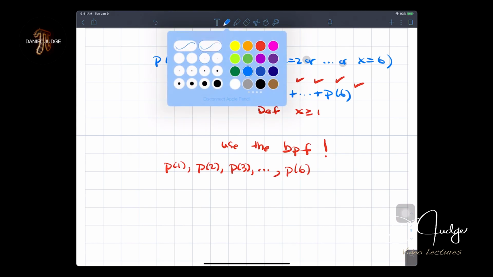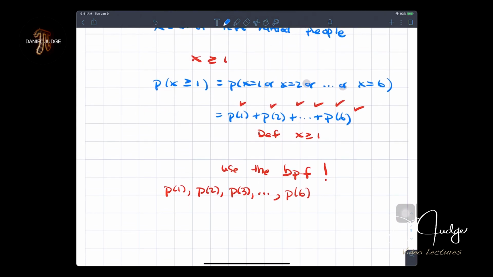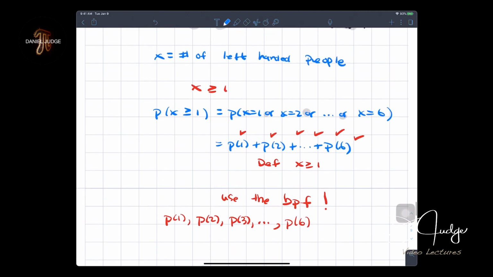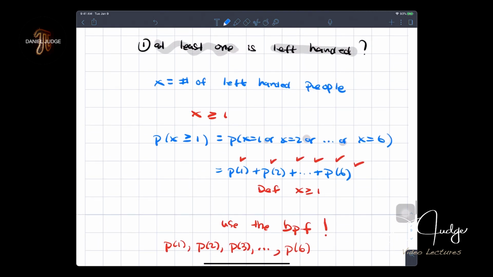However, I'm going to say to you guys, if you're awake, and you know about the complement rule, because by this time you have seen at least 1 questions over and over and over again. At least 1. So if I said to you, what's the complement here of at least 1?